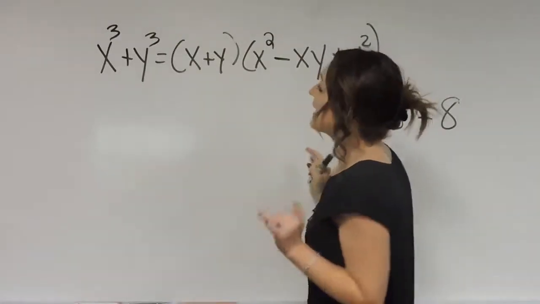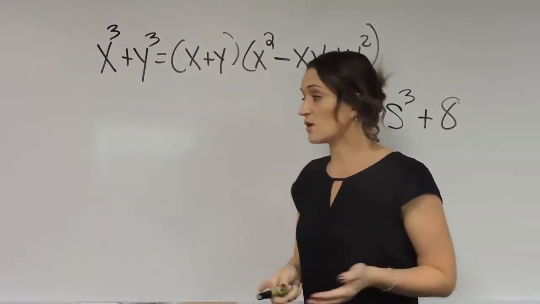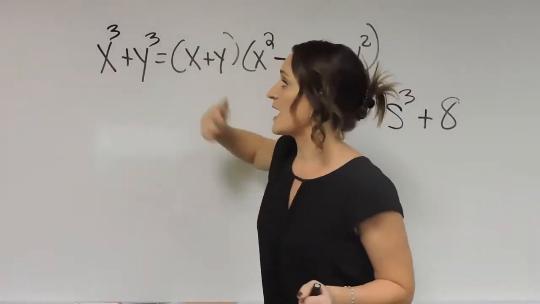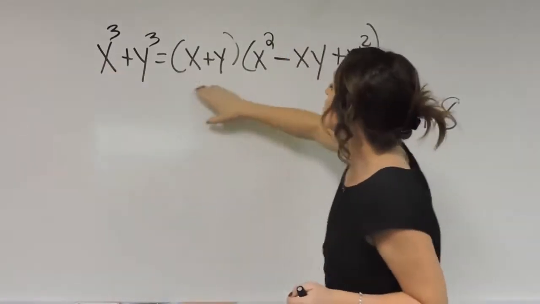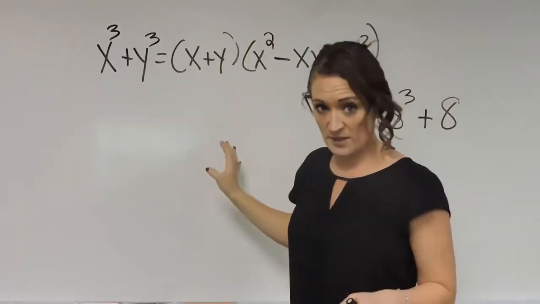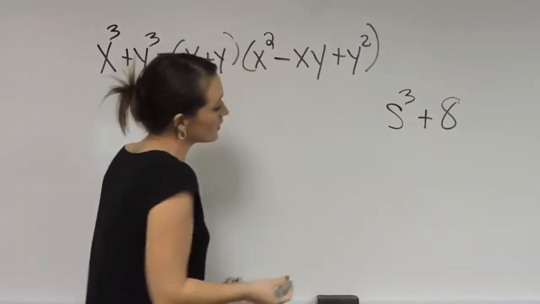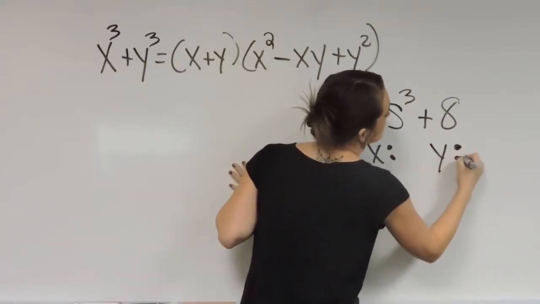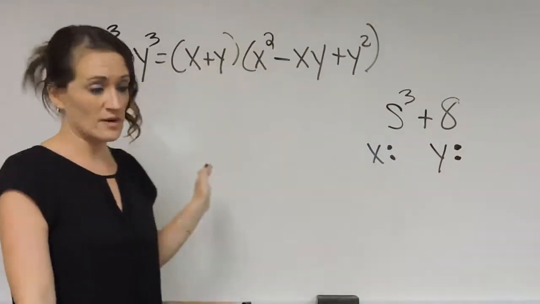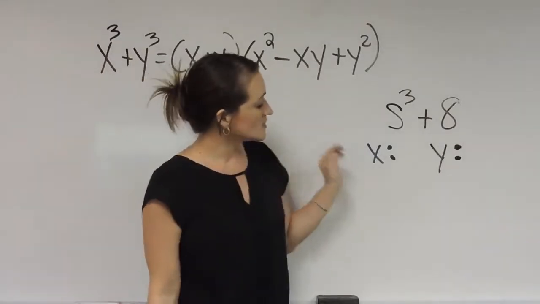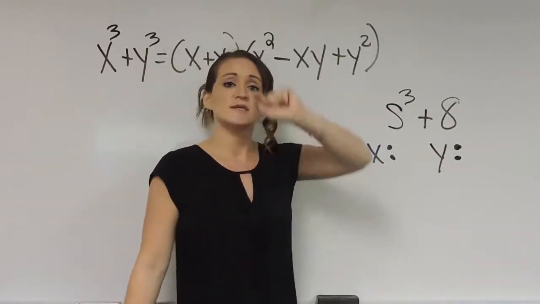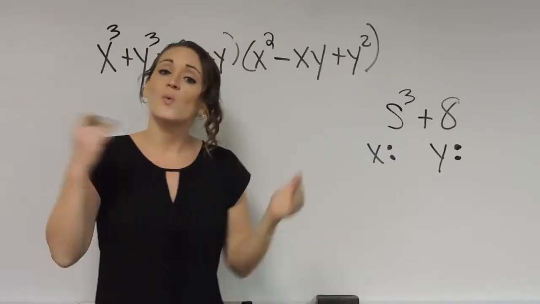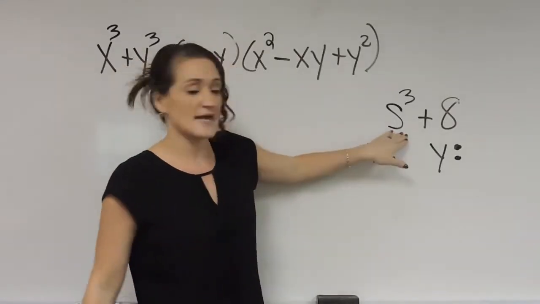The main thing when it comes to sum of cubes is figuring out what is that x, what is that y, so that you can now plug into this formula right over here. So let's figure out what our x and what our y are, because the rest of it is just going to be a plug and chug game for us. So x is just what times what times what is that first term. What times what times what is an s cubed?